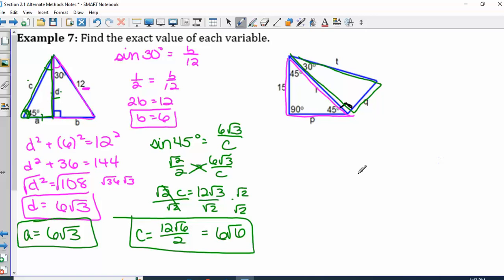All right, so let's say I want to, well, are there any sides I would know automatically? P. What's P going to equal? 15, because again, I told you this was a 45, 45, 90, so these have to be the same. So what might be the easiest way to find R?